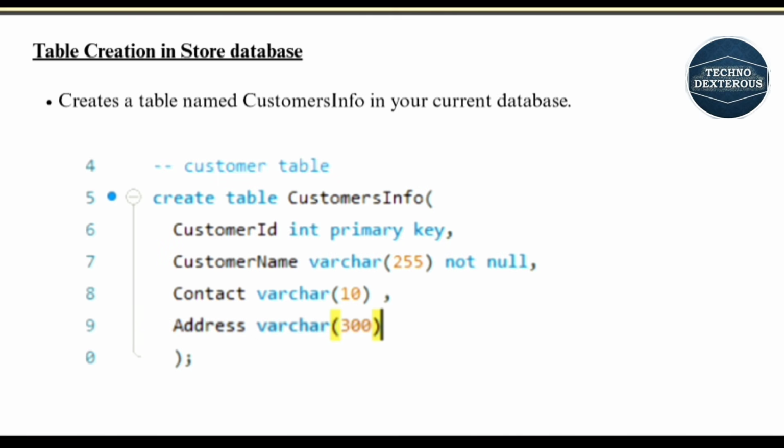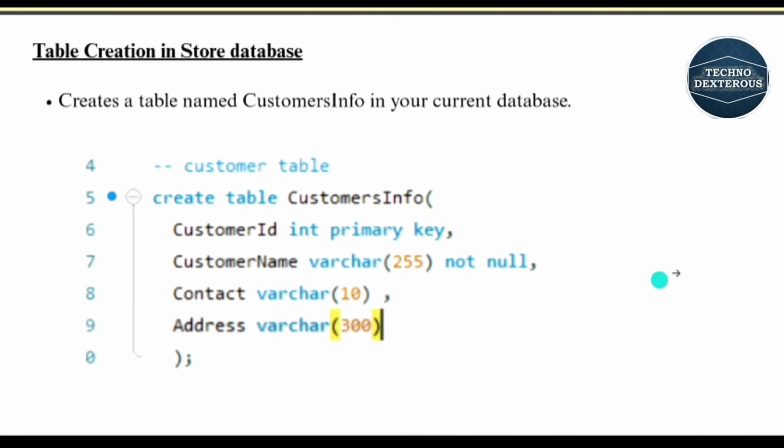A primary key is a unique key. Then customer_name is a varchar, and in brackets we show the size of the customer name, and we provide NOT NULL. Then contact is a varchar and the size of contact is 10. Then address is also a varchar and the size of the address is 300.